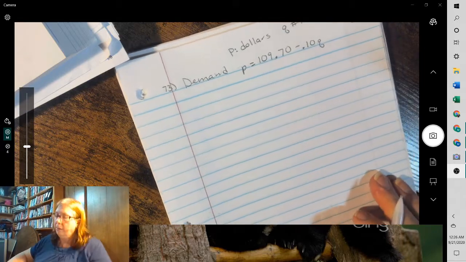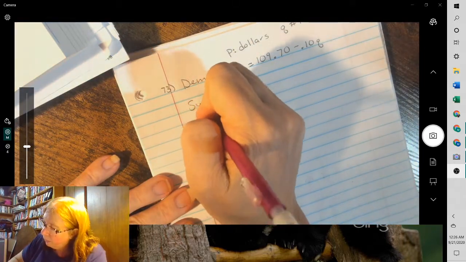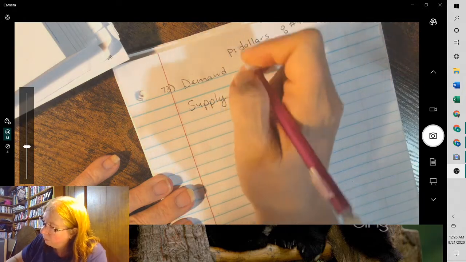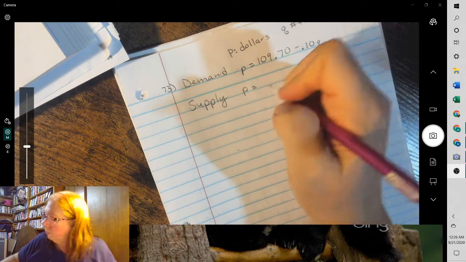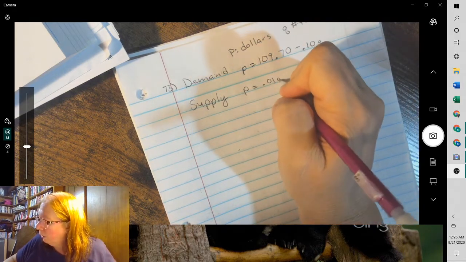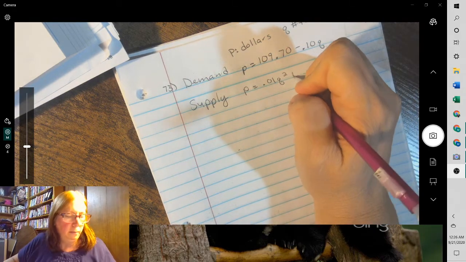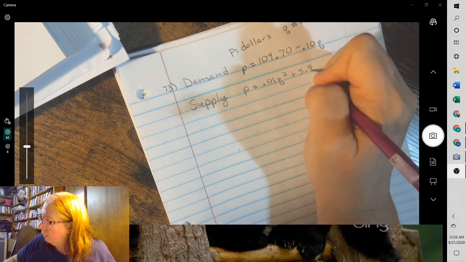Okay, so that's our demand. Our supply, P equals 0.01 Q squared plus 5.91.